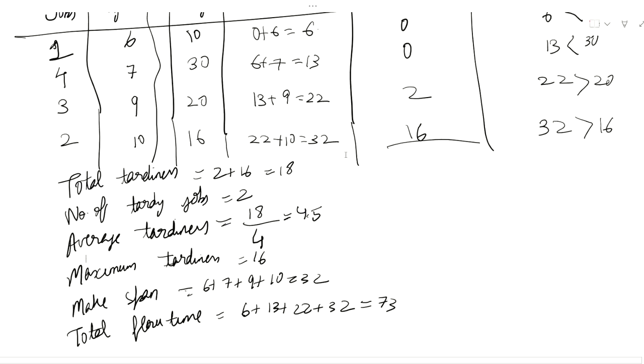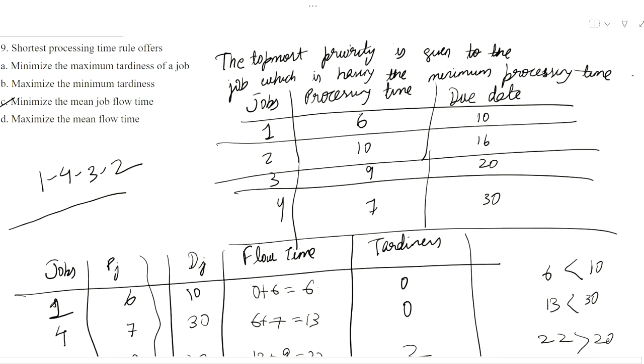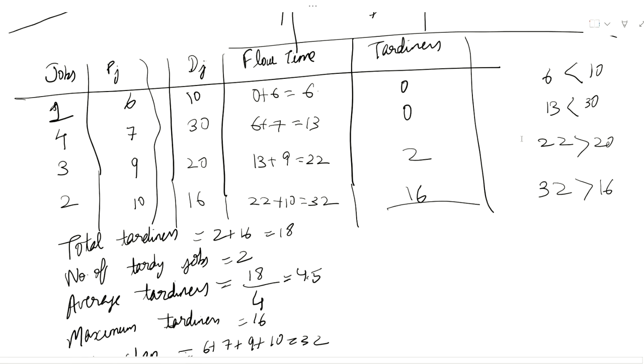Now, this is a question based on the shortest processing time. It minimizes the processing time. The topmost priority is given to the job which has the minimum processing time. Here the jobs are arranged in order of increasing processing time, and then the production time and due dates are written according to the increasing processing time.